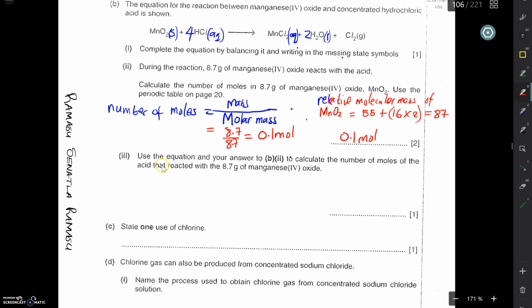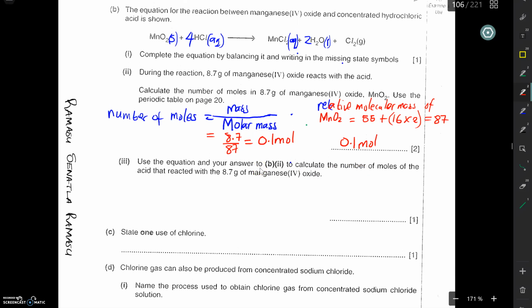Part 3 says use the equation in your answer to calculate the number of moles of the acid that reacted with that 8.7 grams of manganese 4 oxide. Okay, so we can see from this equation that 1 mole of manganese 4 oxide reacts with 4 moles of hydrochloric acid, right?